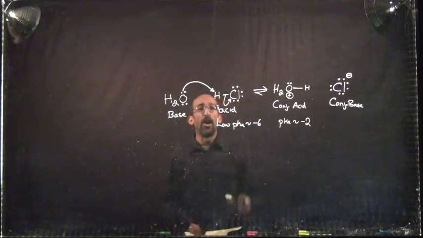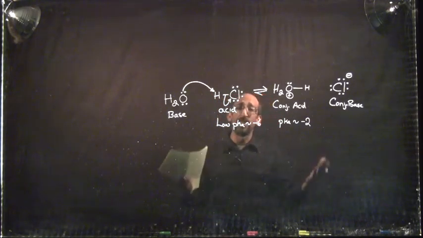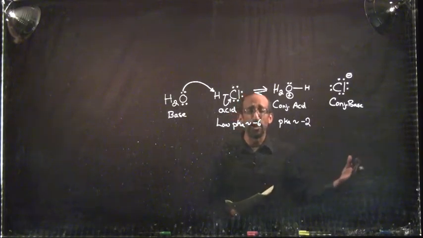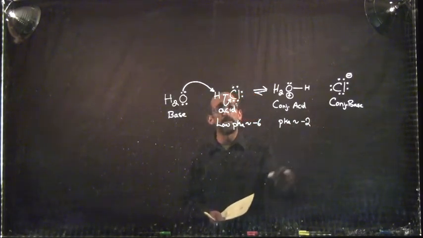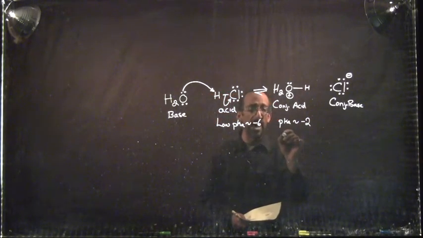Acid-base equilibria always favor the weaker acid. The weaker acid in the equilibrium will be the acid that has the larger pKa value. Since -2 is larger than -6, H3O+ is our weaker acid.